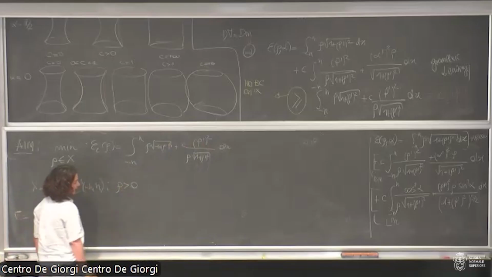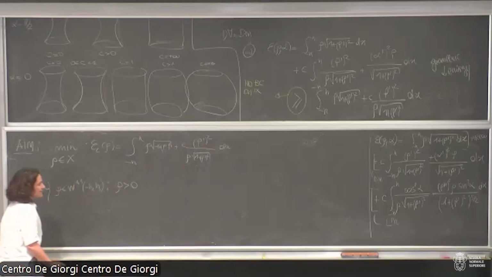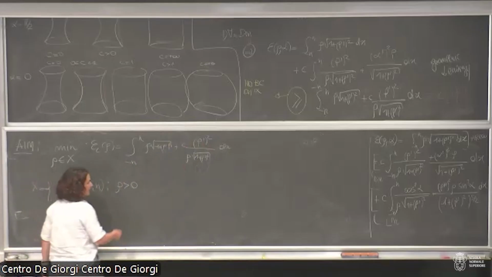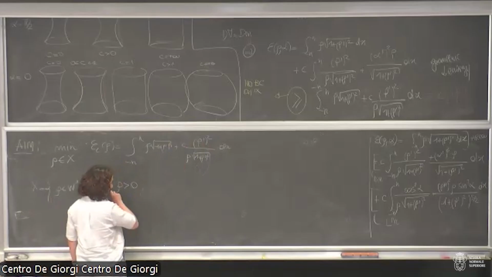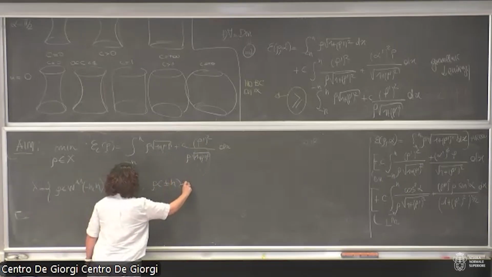Rho is strictly positive because obviously here you have a denominator, so rho cannot be equal to 0 because otherwise this energy functional is meaningless. And you have to impose boundary condition.